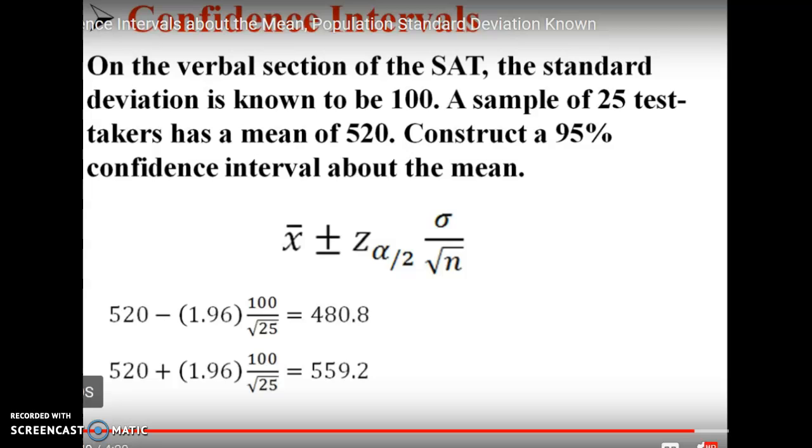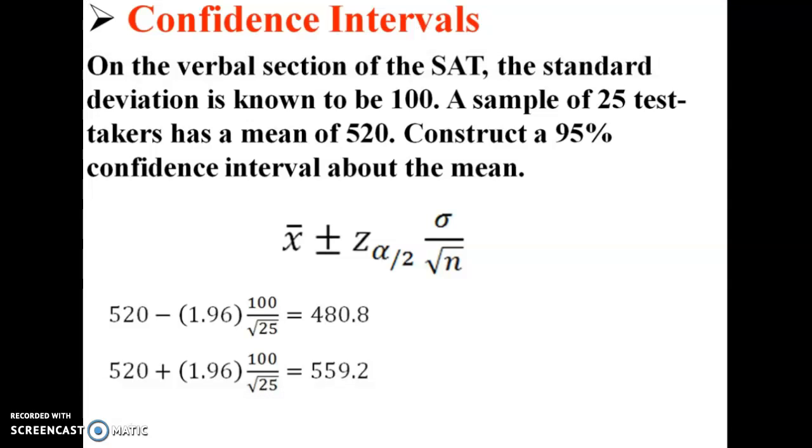Let me explain to you what he's got. He's saying that from the sample, for the verbal section of the SAT, he's 95% sure that the mean will be in this interval, from 480.8, so 481 approximately, to 559.